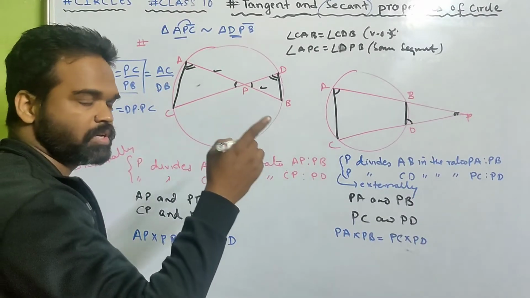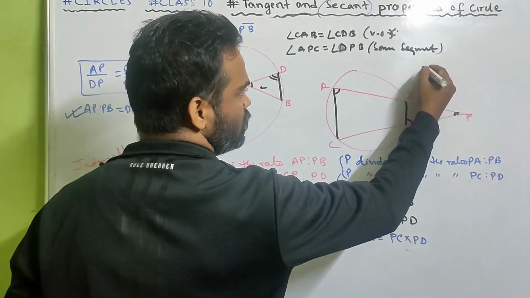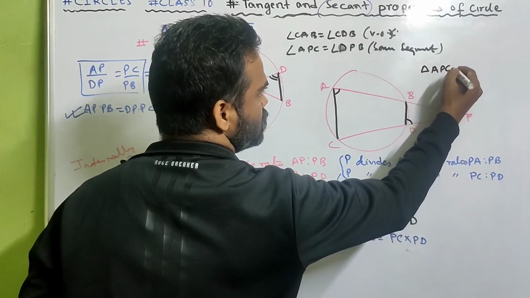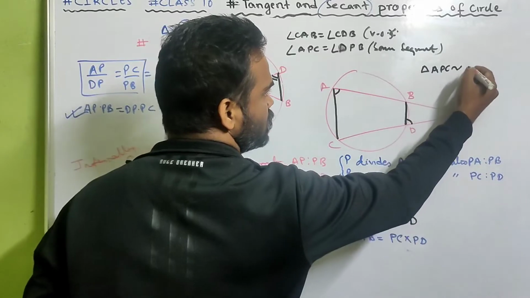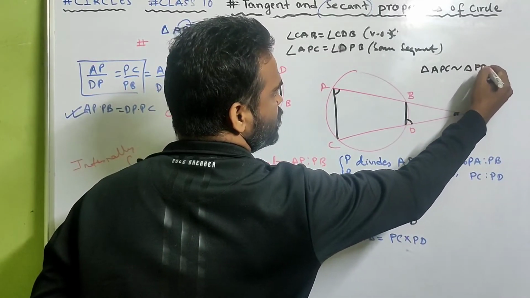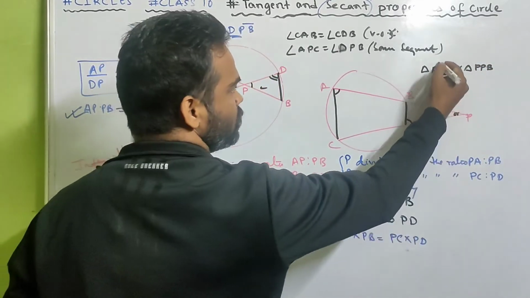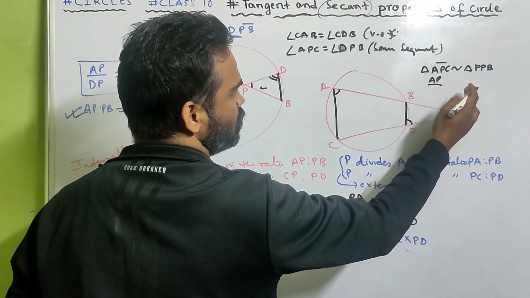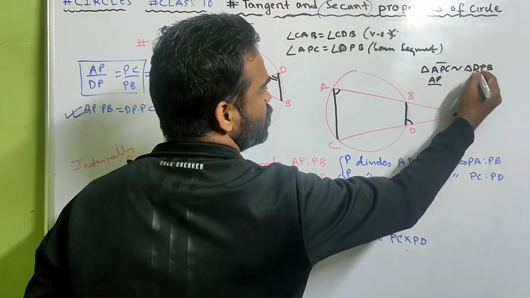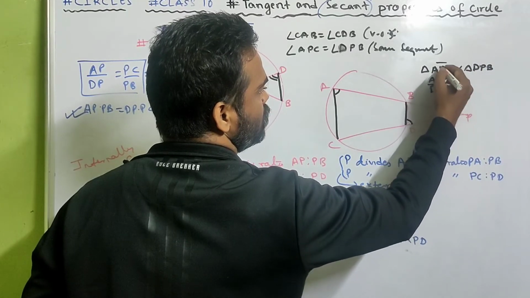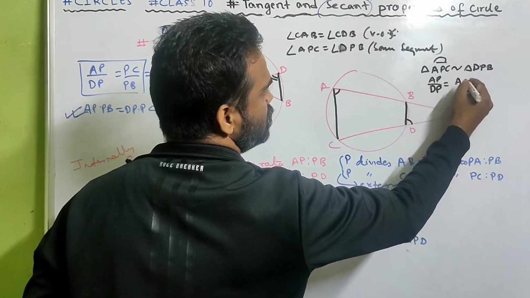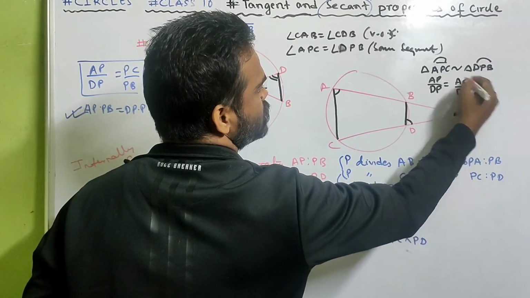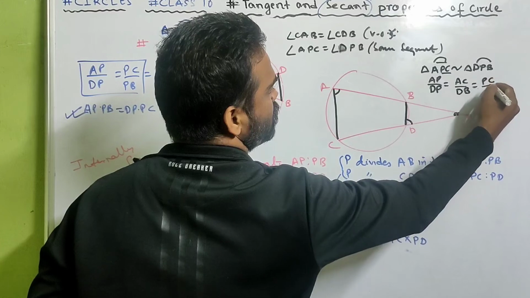Exterior angle equals the opposite interior angle, which means the triangle, look carefully, APC is similar to, A corresponds to D, triangle DPB. If they are similar, AP by DP is equal to AC by DB is equal to PC by PB.